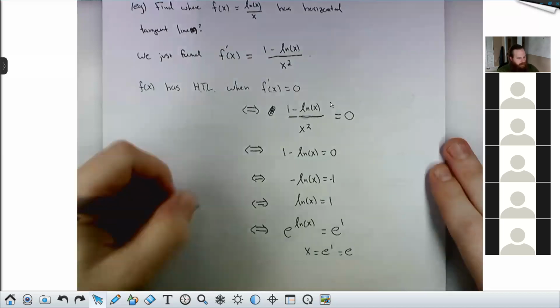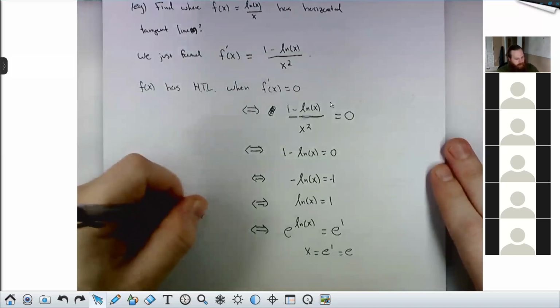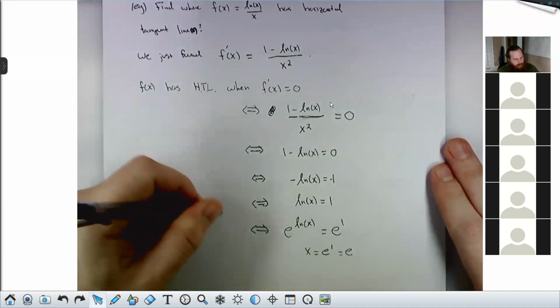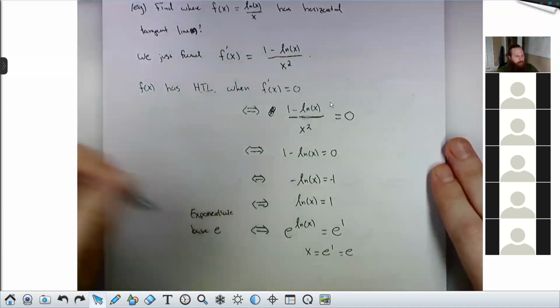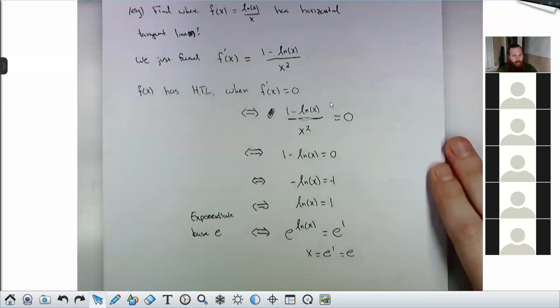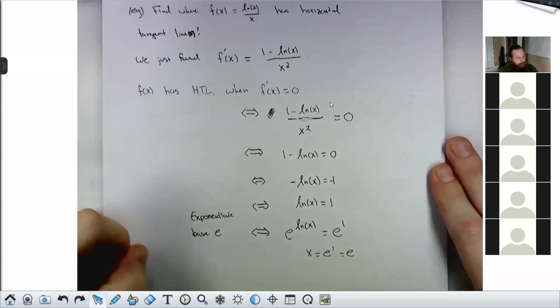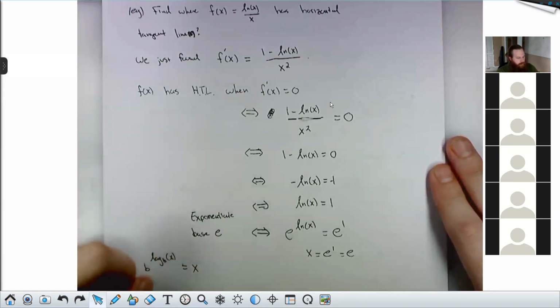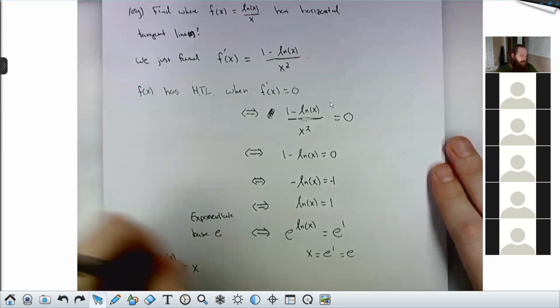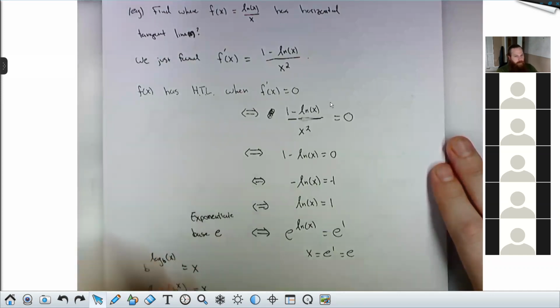So this step here is called exponentiating base e. And it is a consequence of the first definition we looked at, that b raised to the log base b of x always simplifies to x, and also the base b log of b to the x always simplifies to x.